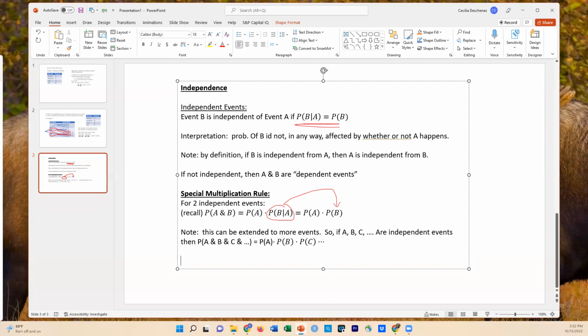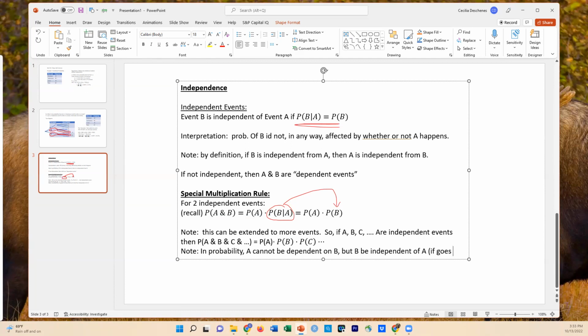Another note is that in probability, A cannot be dependent on B but B be independent of A. If it goes one way, it goes both ways.